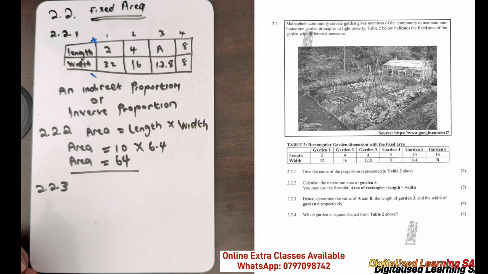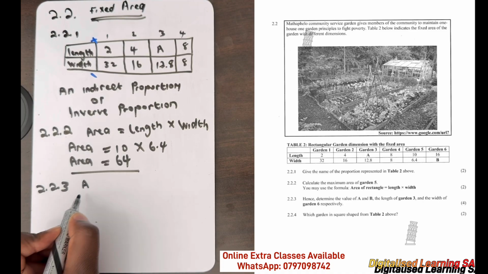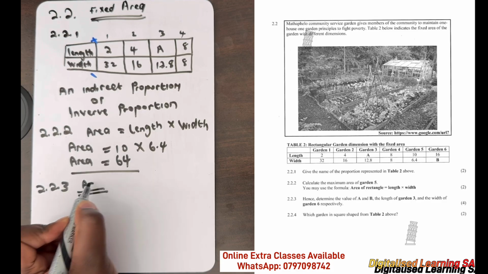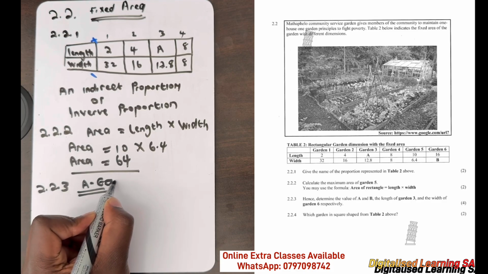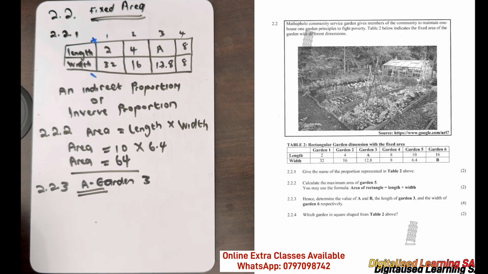Question 2.2.3 says, hence determine the value of A and B, the length of garden 3 and the width of garden 6. We'll start with A for garden 3. If we recall from our scenario, we were told that all these gardens have the same area.